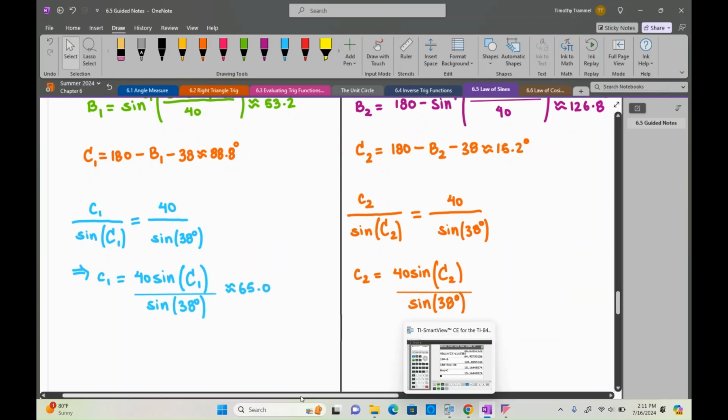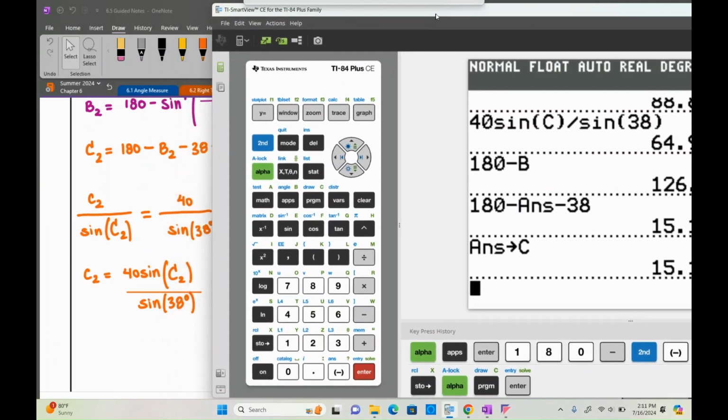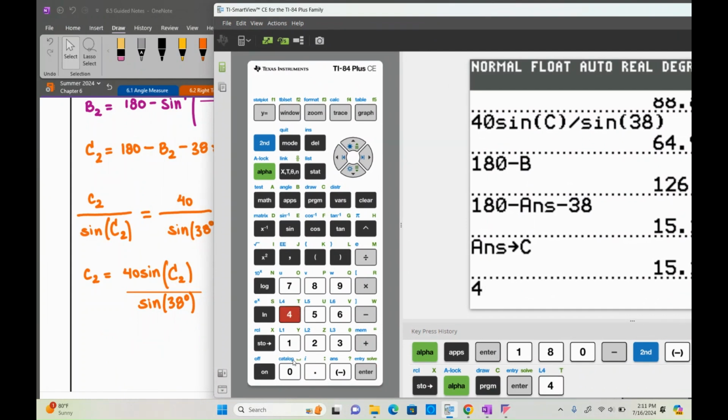All right, so let's get that typed in. So we have 40 sine of alpha C, because that's what I have stored for C2, and then divided by sine of 38.